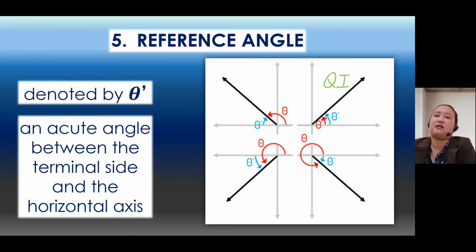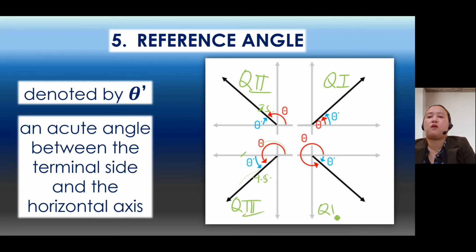In quadrant 2, the given angle is in red, its reference angle is in blue, because you need to measure the angle between the terminal side and the horizontal axis. In quadrant 3, the angle is in red, and then the reference angle is between the terminal side and the horizontal axis. So this is quadrant 3.